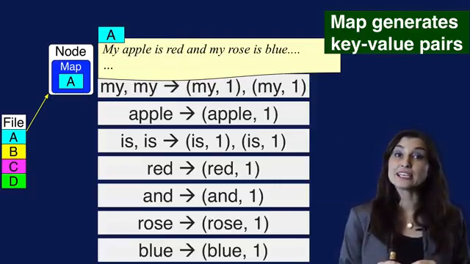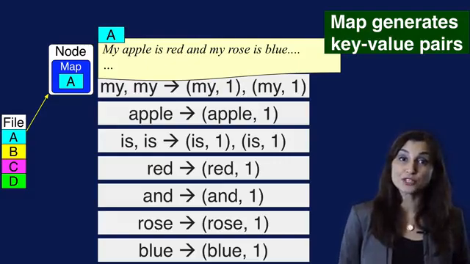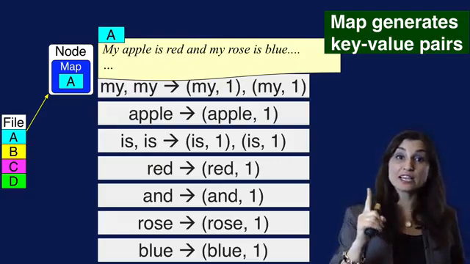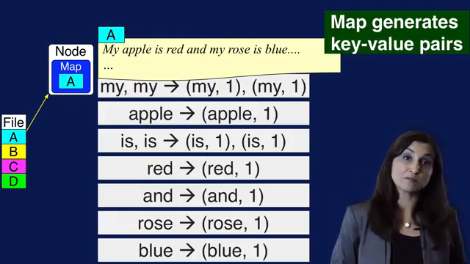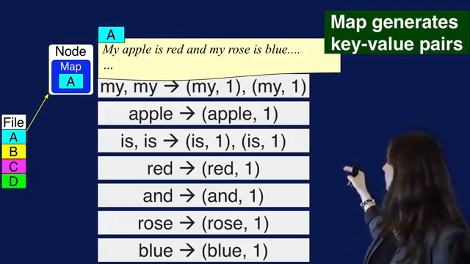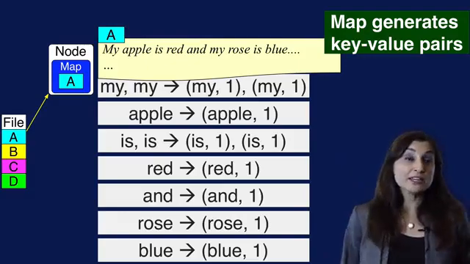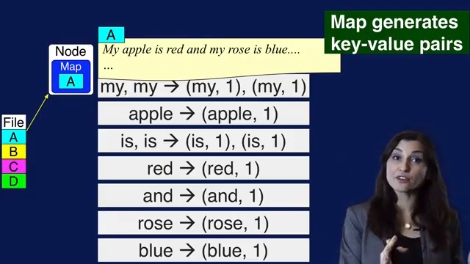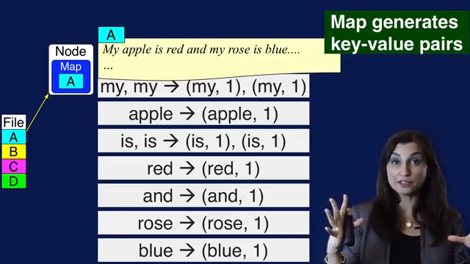Map creates a key value for each word on the line containing the word as the key, and 1 as the value. In this example, the word apple is read from the line in partition A. Map produces a key value of apple 1.